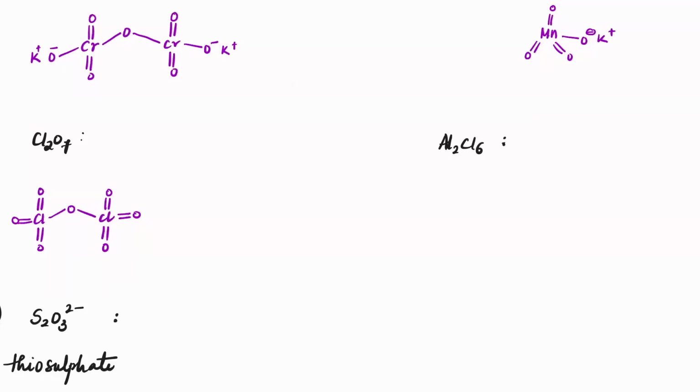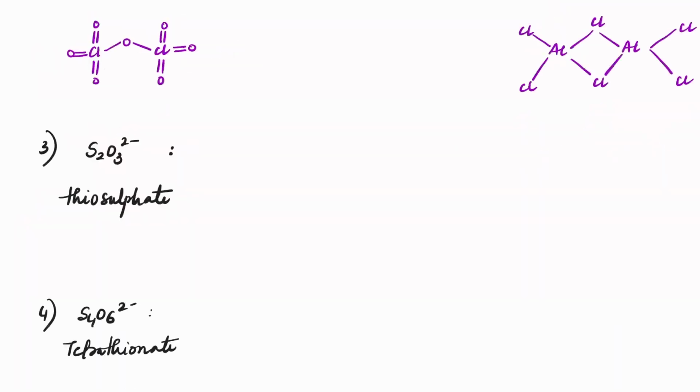Next, Al2Cl6. Okay. So Al and Al will have Cl, Cl here, Cl, Cl here, and Cl, Cl here. This is how it is connected. Like this. This is Al2Cl6. Thiosulfate. We have sulfur connected to another sulfur.